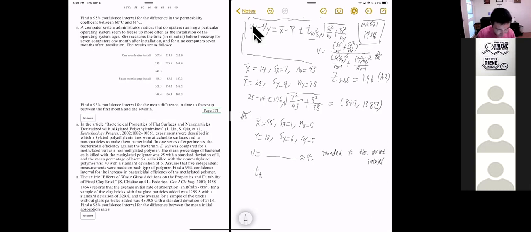Half alpha depends on the confidence interval. So that is a 95% confidence interval, so half alpha is again 0.025.